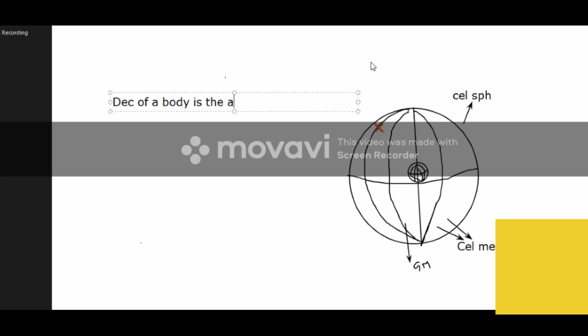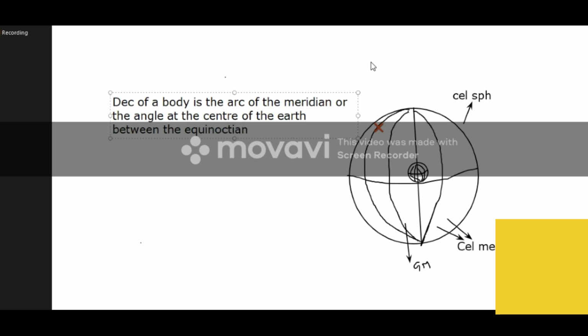It is the arc of the meridian, or the angle at the center of the earth, between the equinoctial, it's not the equator, earlier latitude was from the equator, now it is the equinoctial, and the parallel of declination passing through that body.